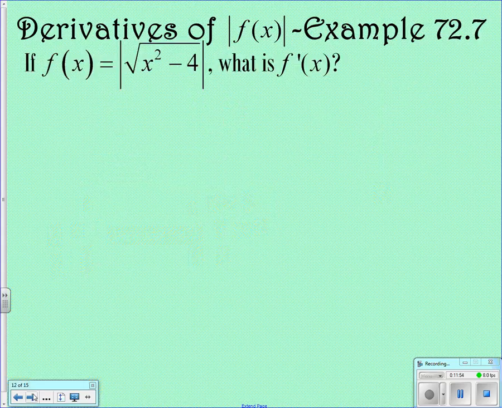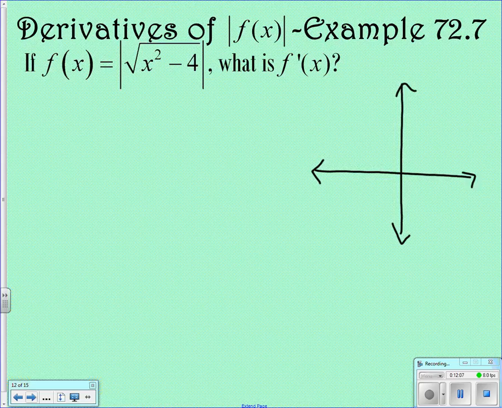So let's look at this one. We've got an absolute value, and we also have a radical. So this is going to be graphed like this. This is negative 4, and this is 4.